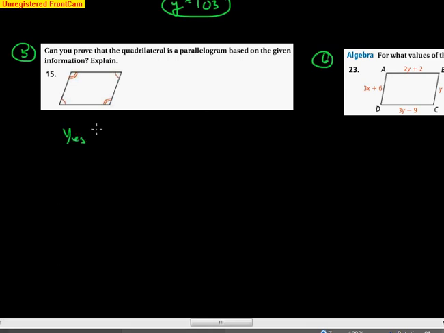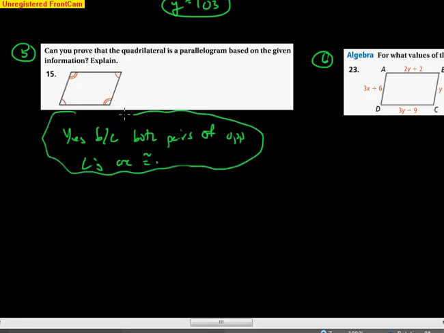So yes, because both pairs of opposite angles are congruent. And there you go. So remember, it's just, is there a statement or a property or definition that it works for? If it is, then just write it down. So it should be yes or no, and why.